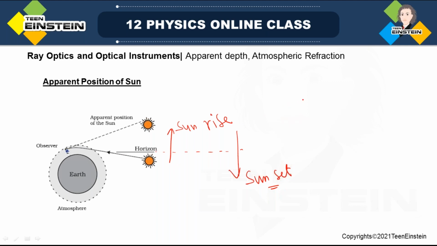But you know, before sunrise, 2 minutes before sunrise, we can see the sun. And at the same time, after sunset, even till 2 minutes, we can see the sun.